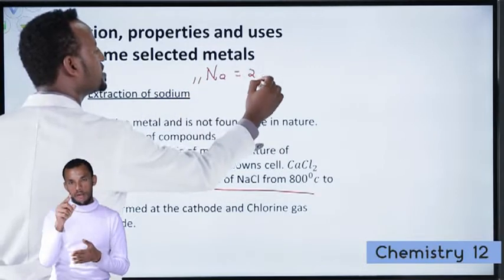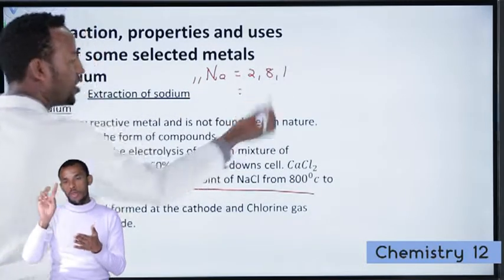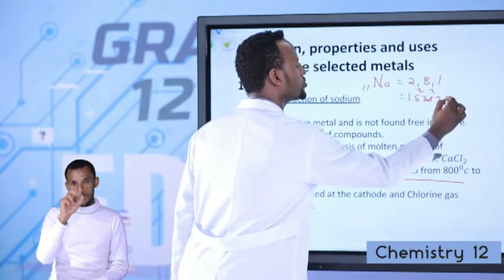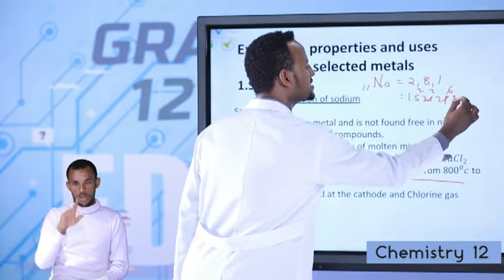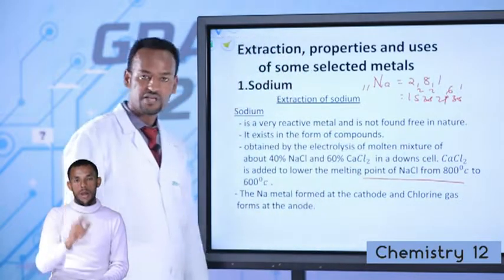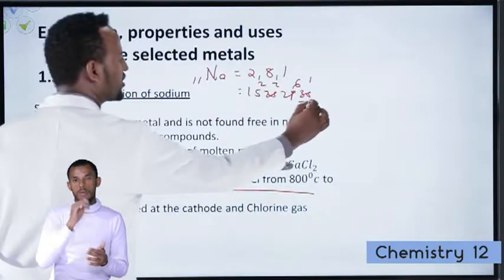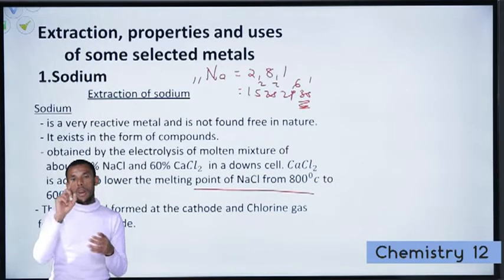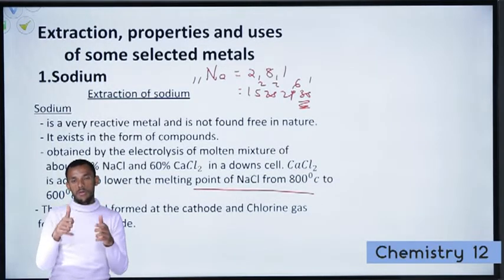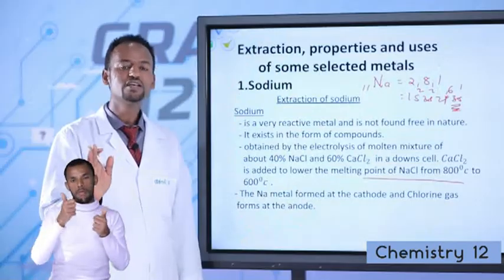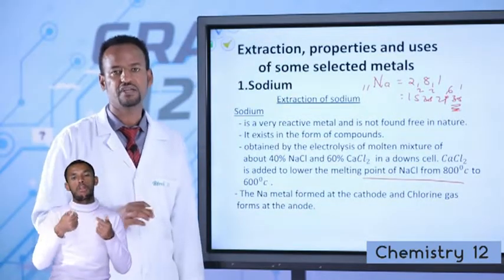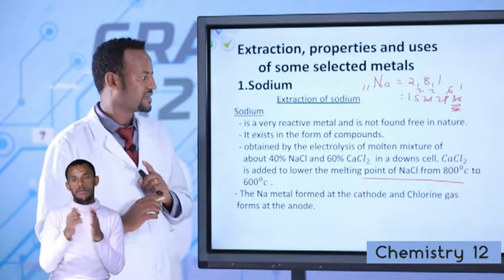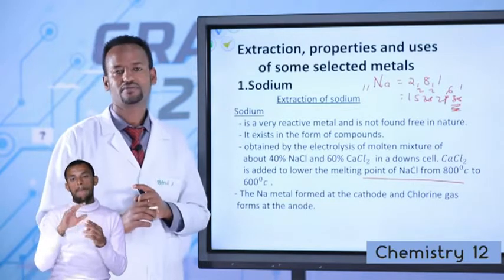Sodium's configuration is 2, 8, 1 or 1s2, 2s2, 2p6, 3s1. Therefore, sodium is an s-block element with 1 valence electron. Sodium is a very reactive element. Because of its reactivity, sodium is never found free in nature.